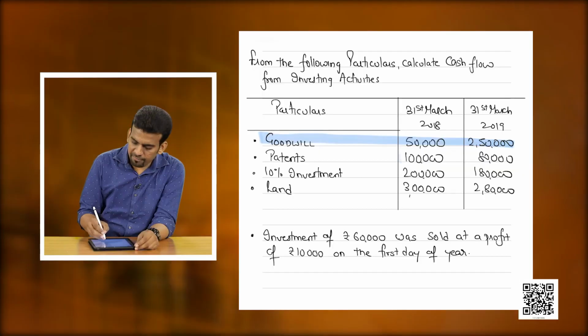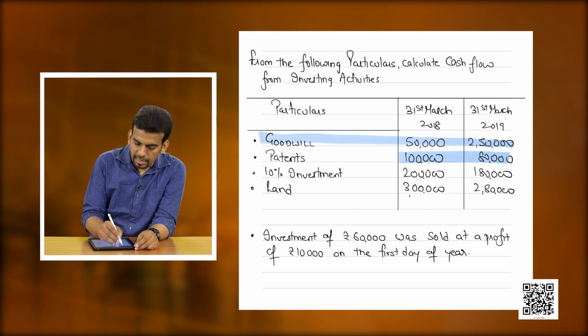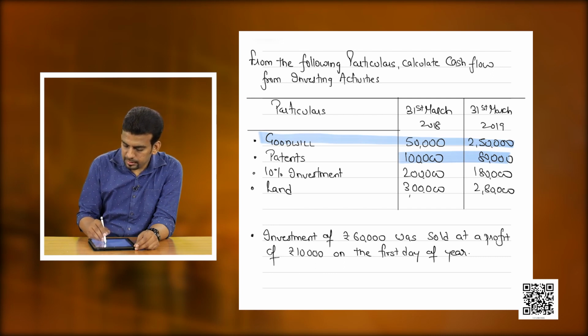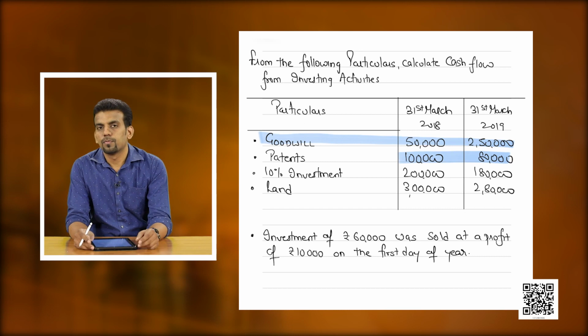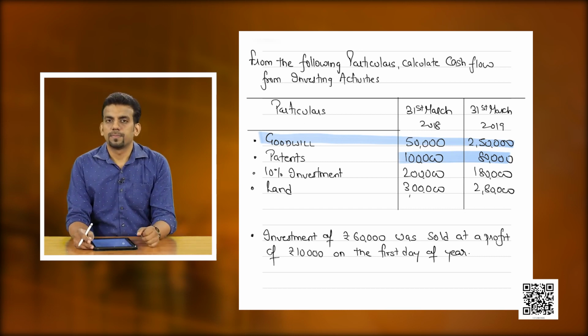Then we have patents, and if you see, patents are reduced from 1 lakh to 80,000. When patents are reduced, trademarks are reduced, and there is no other information, that means this intangible asset has amortized. If you recall your previous sessions for cash flow, what we have learnt is that amortization and depreciation are added back to operating activities.